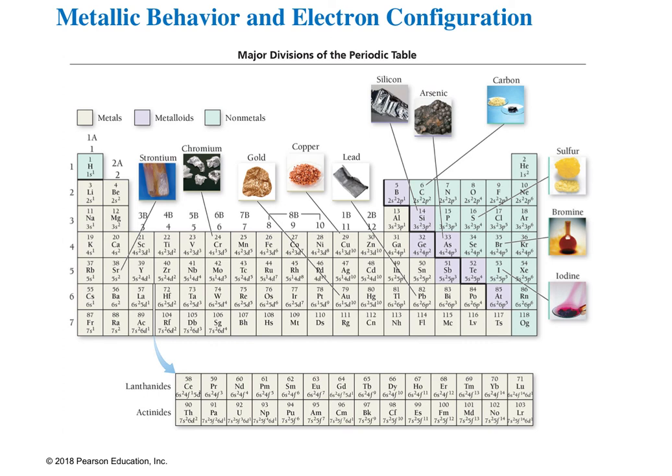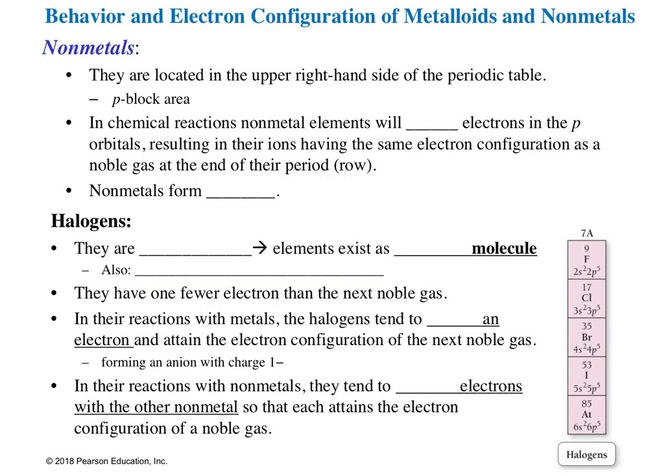So here's that again. We can see our metals in this tan color, metalloids in purple, and then non-metals in the green color. Non-metals are in the upper right-hand side of the periodic table. They tend to gain electrons in order to be like their last noble gas, so they form anions.